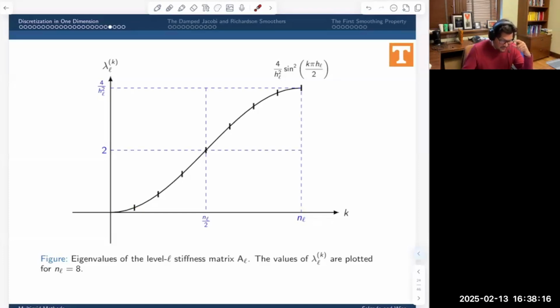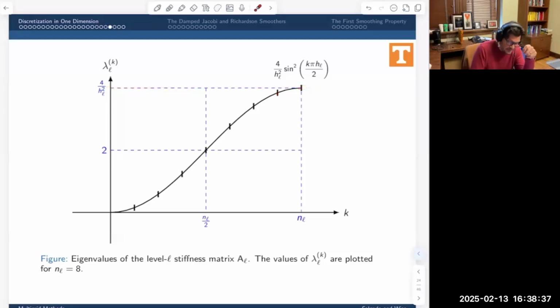Now, one thing that's different about this scenario compared to the previous finite difference method, the vertex finite difference method or the standard finite difference method, is that this last eigenvalue always exactly hits this ceiling up here.